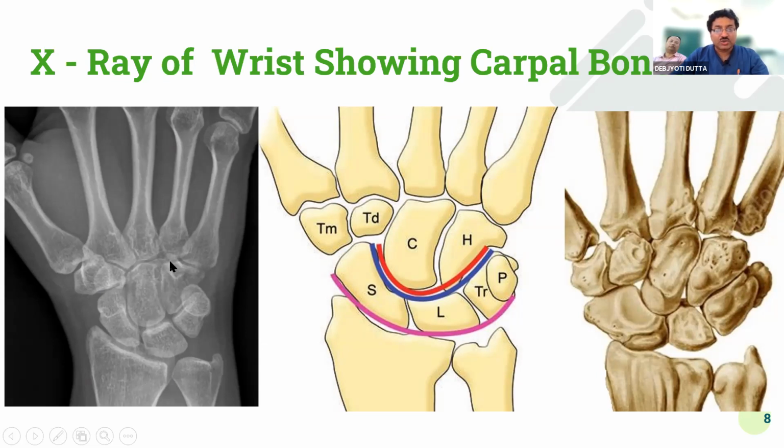This is the hook of hamate, and here you can see the scaphoid bone, the lunate bone, the triquetrum, the pisiform. You can see the pisiform and hook of hamate here. You can see the lunate here, that is the most prominent bone I have already told. Here is the triquetrum. So that is how the bones are there. If we only read and then try to see, you might not see the bones properly.